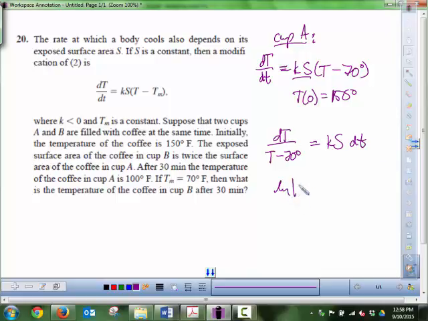So ln of T minus 70 is equal to Kst plus another constant. We'll use the initial condition to solve for that constant.